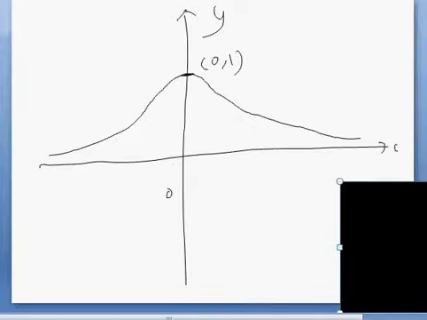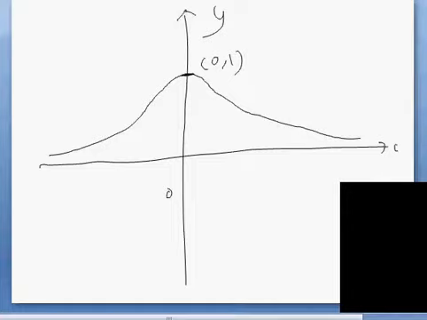Part B asks us to state the largest possible domain for which f is a 1-1 function. If you recall, what do we mean by 1-1 function? Basically, it means we can use the horizontal line test to show.